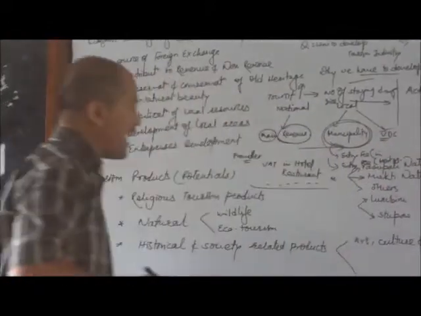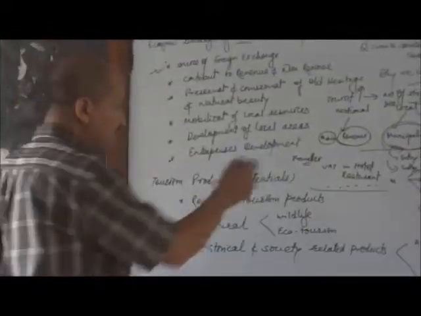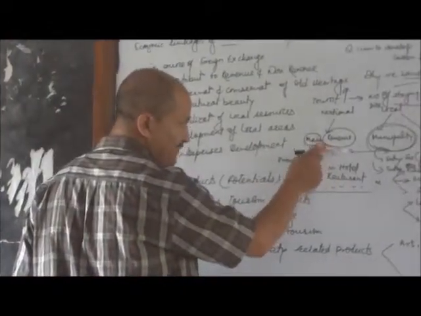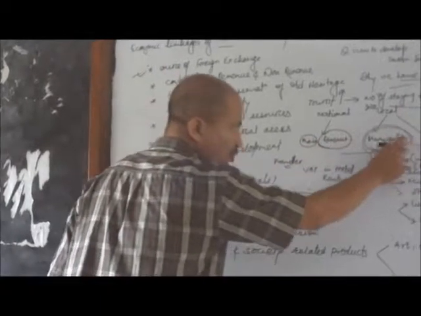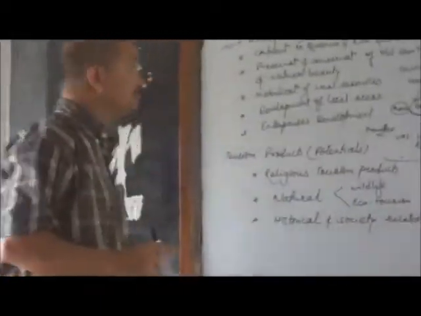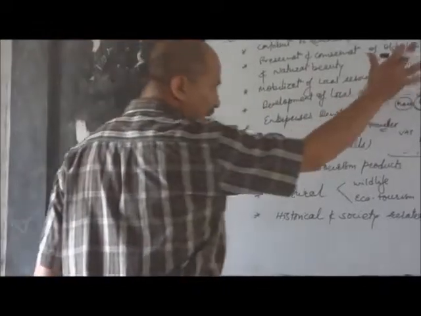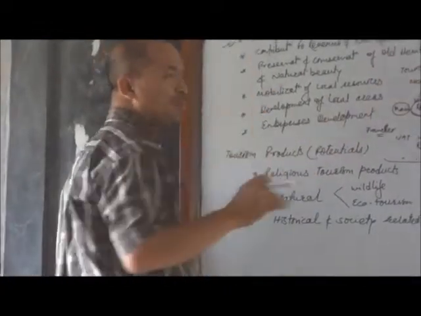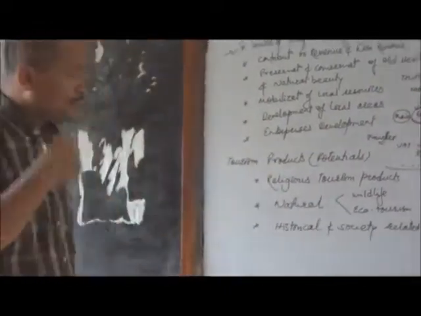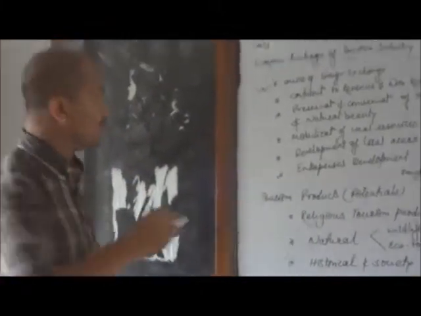Then we can easily get revenue sources at the national level and non-revenue sources at the local level. These sources contribute to our regular expenditure as well as the development expenditure.